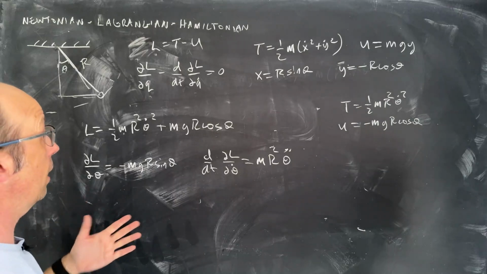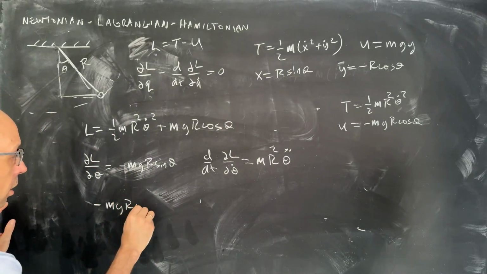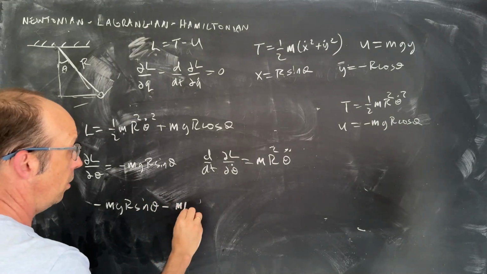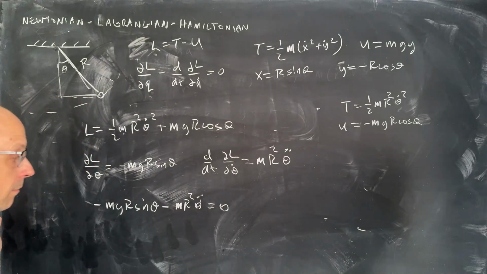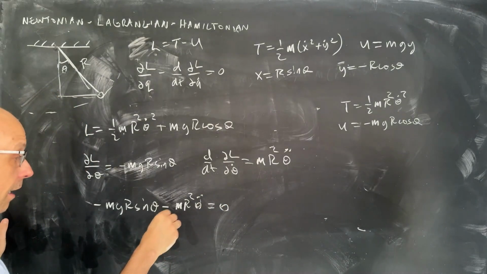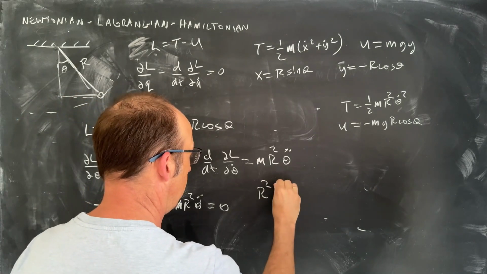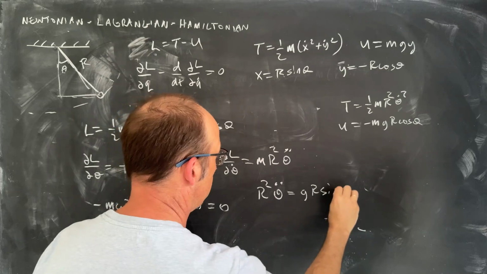Now I can put it all together. So I have this negative mg r sine theta minus m r squared theta double dot is equal to 0. And I can move it to the side, the m's cancel, and I get r squared theta double dot is equal to g r sine theta.